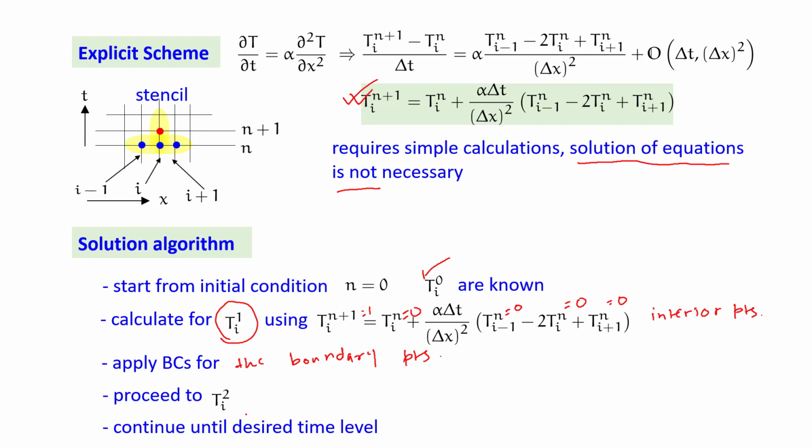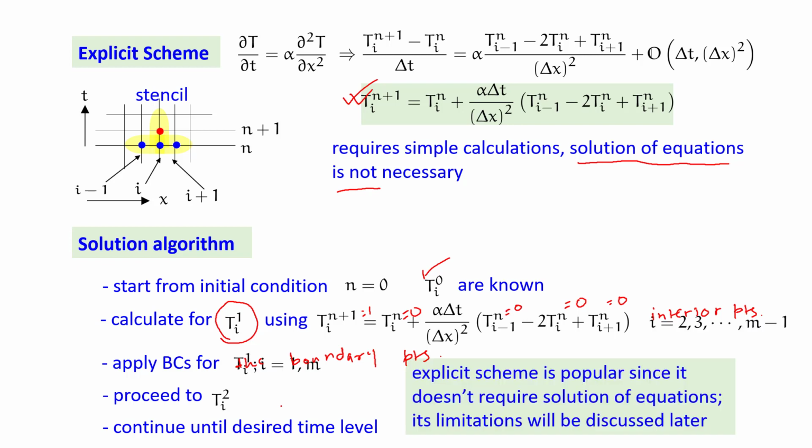I can proceed to T^2, and then I can continue in this way as long as I want to, but my time direction is kind of infinite, so I can go as long as I wish. Now you can understand this explicit scheme is quite popular because it doesn't require much solution of equations. It's simple calculation. But this simplicity hides certain limitations, and we will talk about those limitations next week.